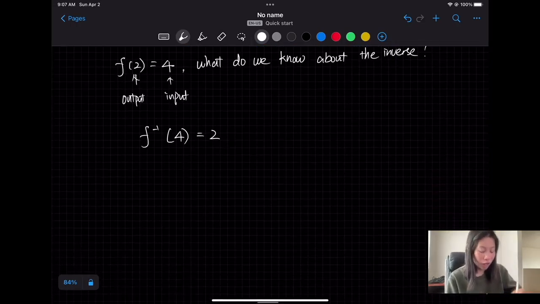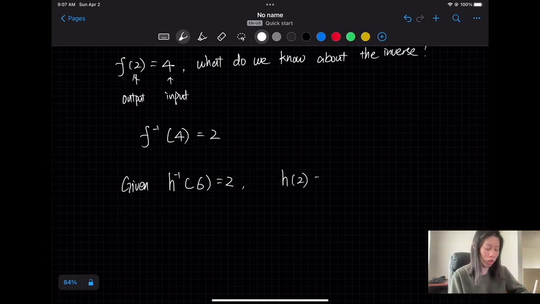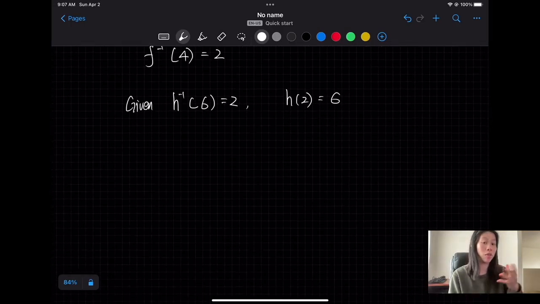Similarly, if I give you an inverse function, h inverse of 6 equals 2, what do we know about the original function? That means we know that h(2) equals 6. Remember, the inverse and the original are going to be reverses. So whatever is your input is going to become your output, and every output is going to be your input.